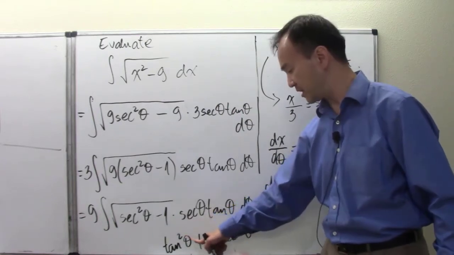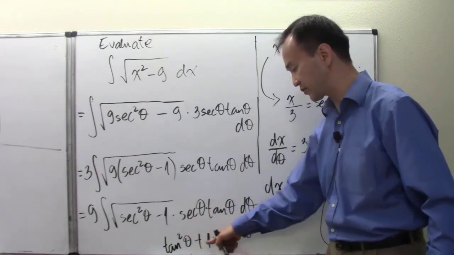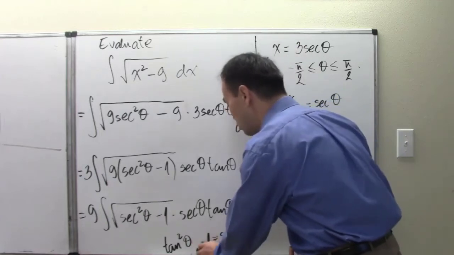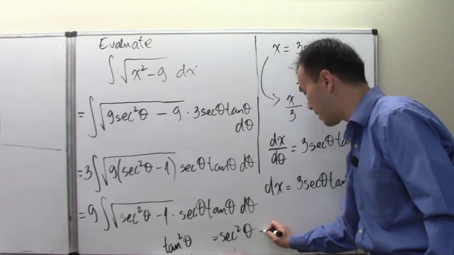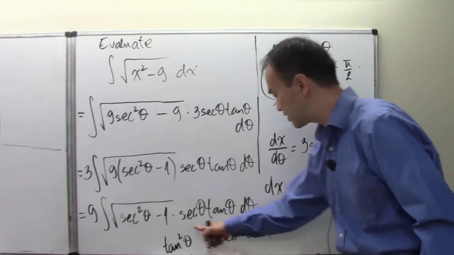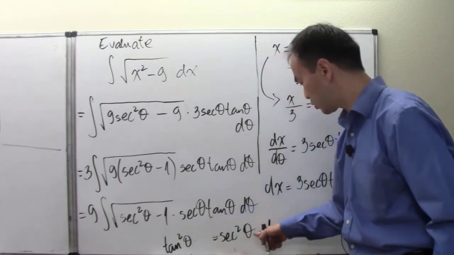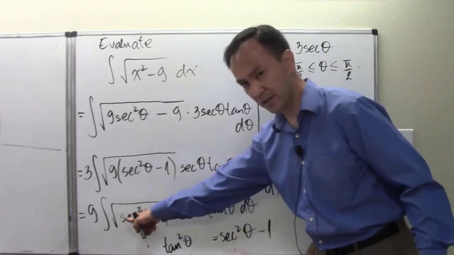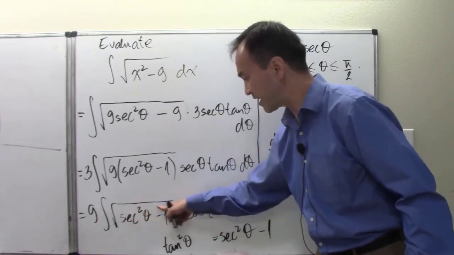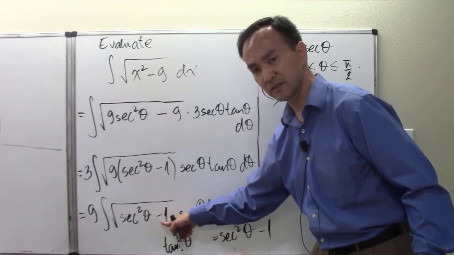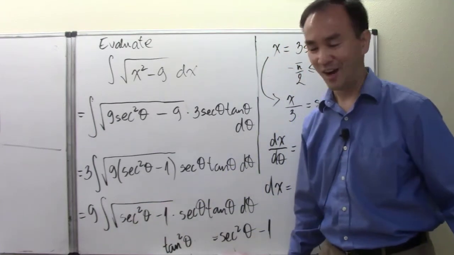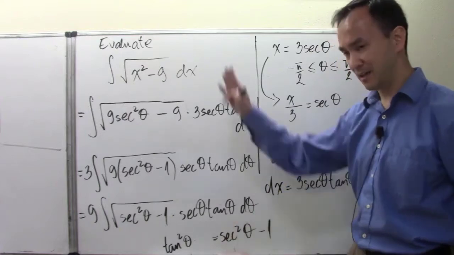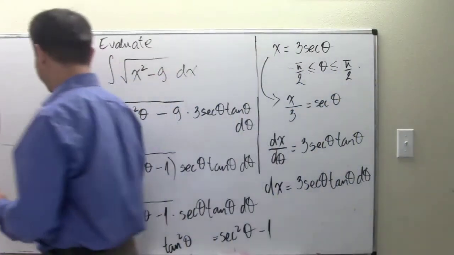So if we subtract the 1 from both sides, then tangent square can be re-expressed as secant square minus 1. But how is this useful to us? Secant square minus 1. That means in my next step, I can substitute secant square theta minus 1 in my square root here with tangent square. Okay, so let's take that and move on to my next board.